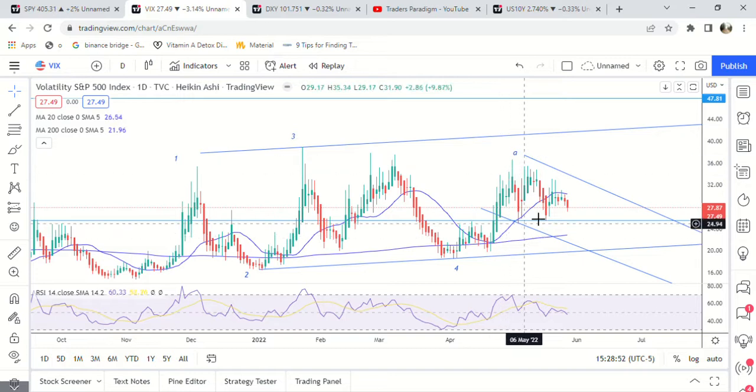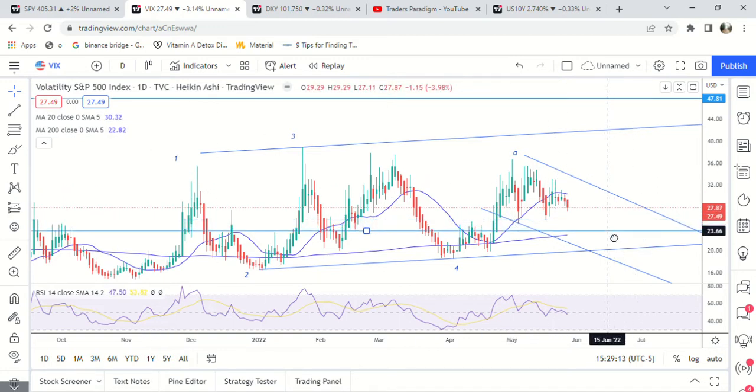I'm expecting this to, let's see, 36.64, maybe go $1.18 below this, right here, I mean. So that would take us to 23.86 would be my target for this, 23.86.